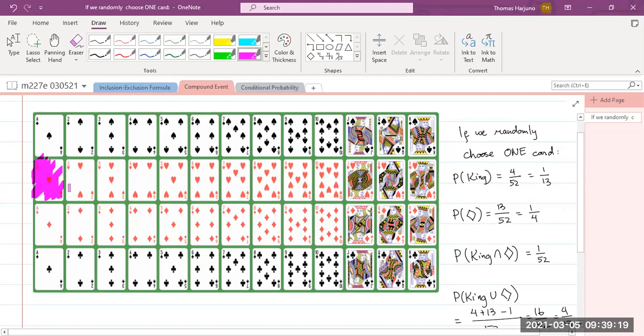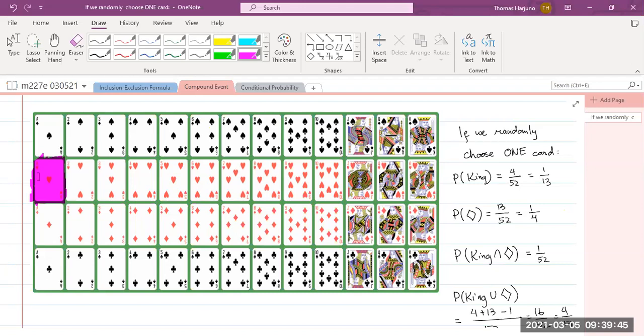Then the next selection will choose from only 51 cards, not 52 cards anymore, because I didn't put this back. The cards that were already selected are not put back into the deck. That's what it means to be without replacement.